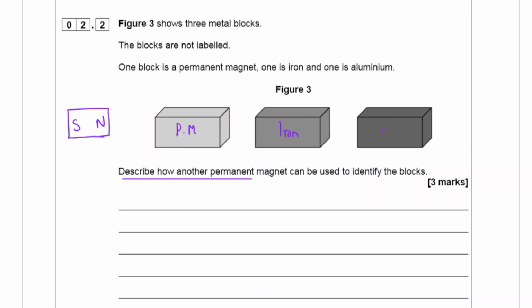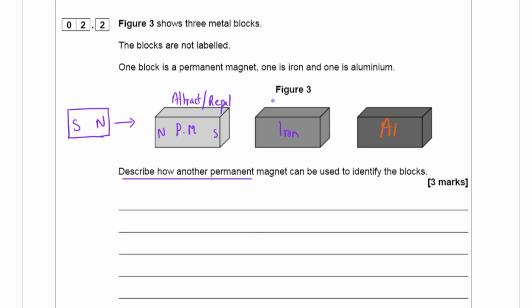What would happen when I bring this permanent magnet closer? If it was a permanent magnet, it would attract or repel, depending on the polarity. So if it was a north pole here and the south pole is there, it's going to repel, and if the poles were reversed, it would attract.